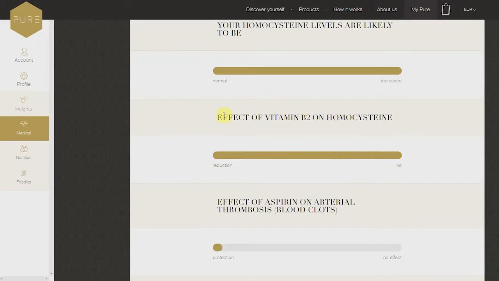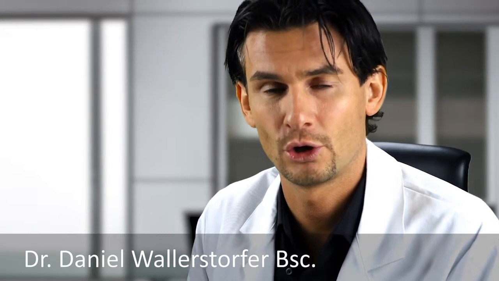Then the effect of vitamin B2 on homocysteine. Now, usually people or clinicians consider vitamin B2 not effective in lowering homocysteine, and this is usually correct unless a certain genetic variation is present, and this genetic variation actually changes the effect of vitamin B2 on homocysteine levels.